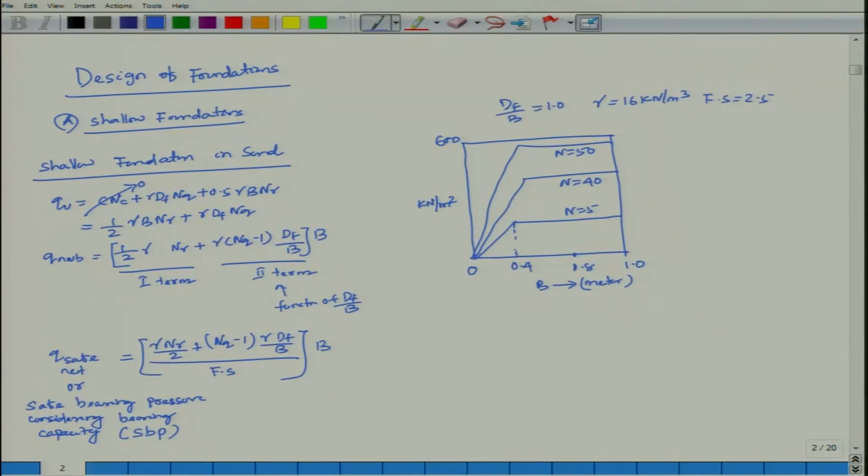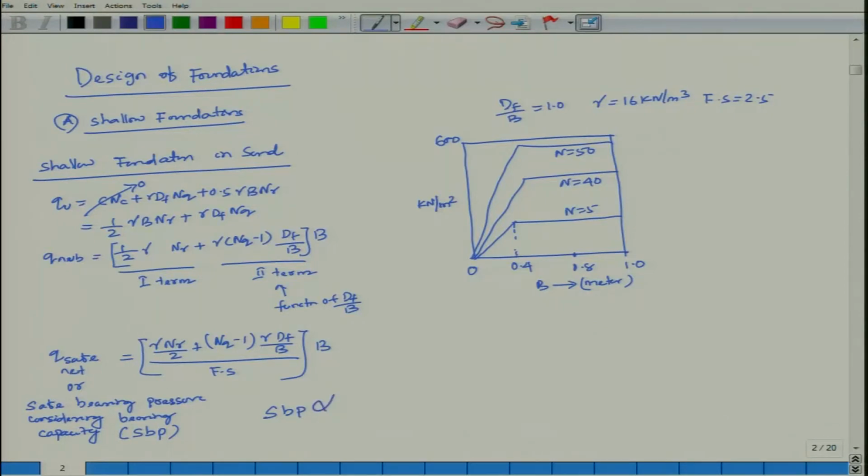How does it look? Look at the graph. Safe bearing pressure considering bearing capacity: if all other terms are constant, gamma is constant, N gamma is constant, phi is constant, Nq is constant, then what will happen?